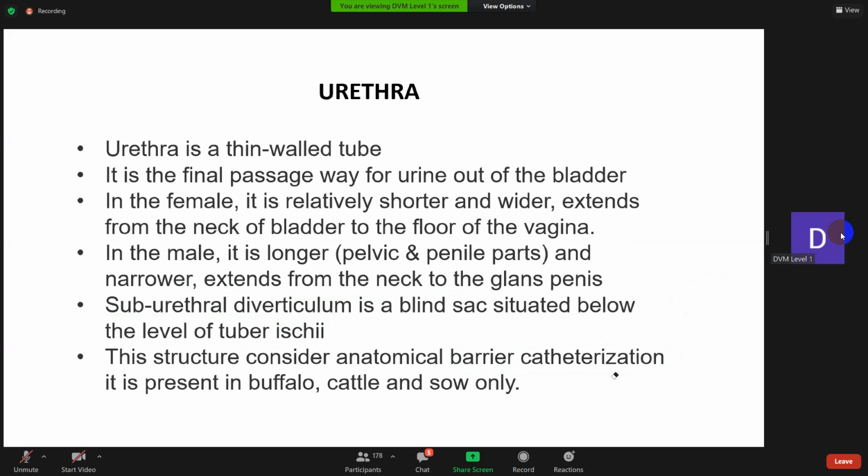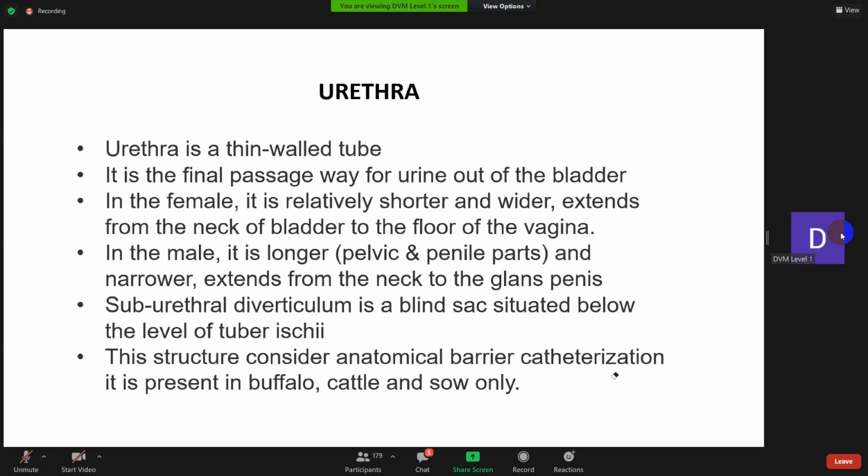In the exam, you may find questions like: write short notes on urethra, male urethra, or female urethra, or write short notes on urinary bladder, or describe the urinary bladder of a bull or any animal. And you may be asked in the viva what the urinary bladder is, where it is located, what the different parts of the urinary bladder are, and what the ligaments of the bladder are.